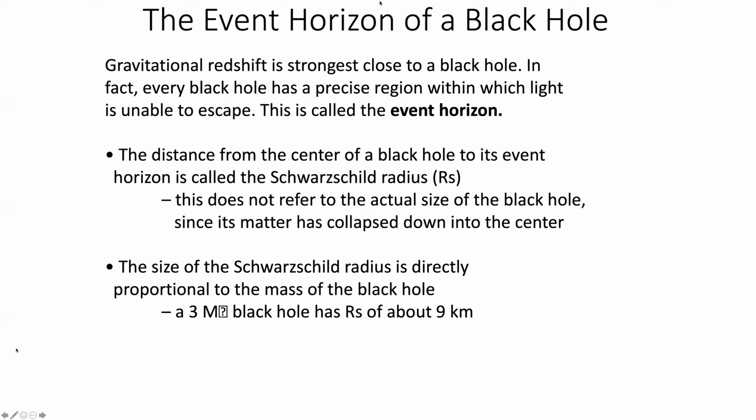So if you have a black hole with 3 solar masses, there will be a Schwarzschild radius of 9 kilometers, which means from the center up to a radius of 9 kilometers, you can go up to that point, but you cannot go inside. Because if you cross the Schwarzschild radius, you won't be able to come back again.